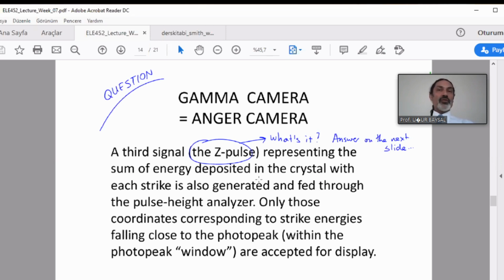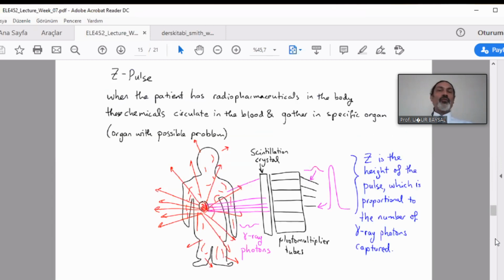Z-pulse is related to the intensity: how many visible light photons are incident on the tube. So that's an explanation of the Z-pulse. So we receive 3 types of information, 2 for the location and 1 for the intensity.